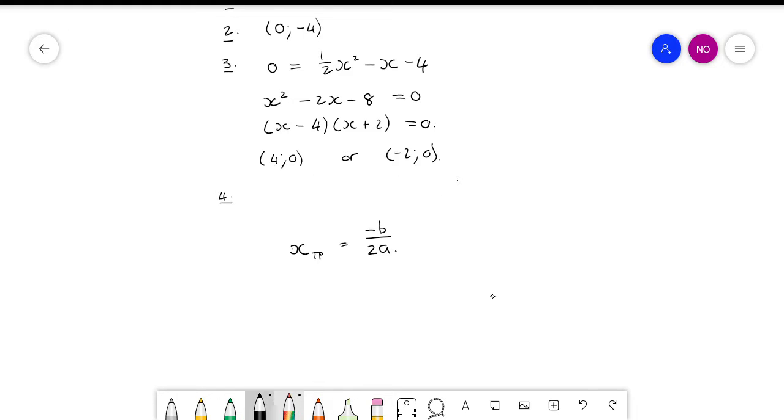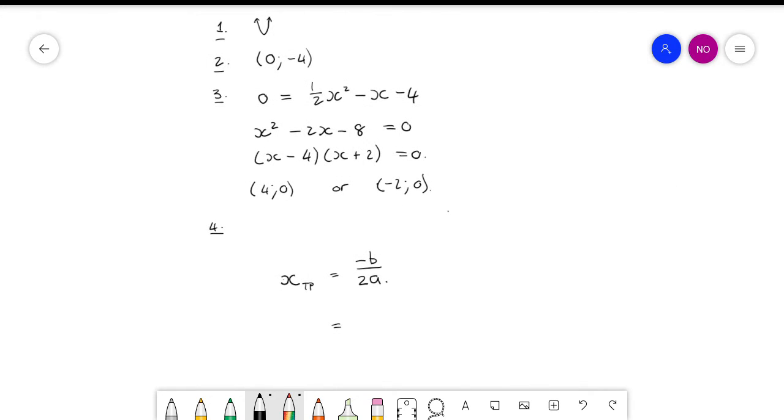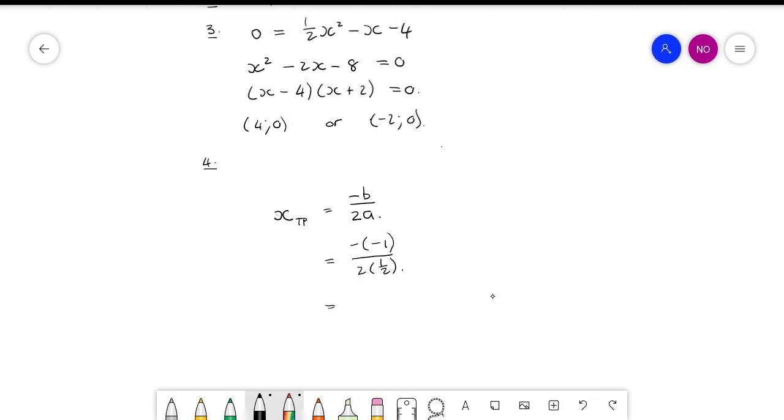Okay, so I'm going to say it's negative negative 1. Do you agree, the original graph's b-value is minus 1, divided by 2 times a half. You guys aren't writing on this on Tuesday, but these are the types of things that even when you get a formula page, you're not going to get this. So you have to learn it. Okay. So it's 1 over 1 which is equal to 1.